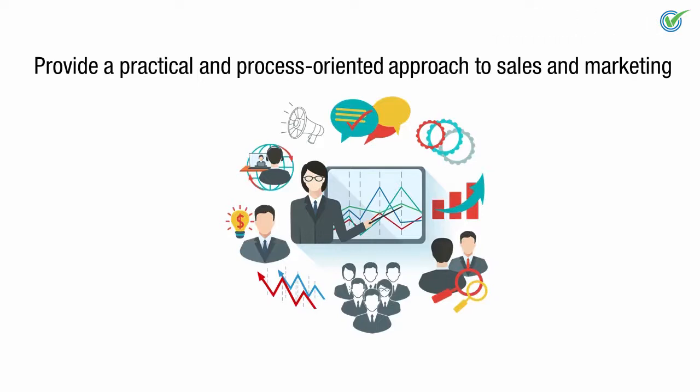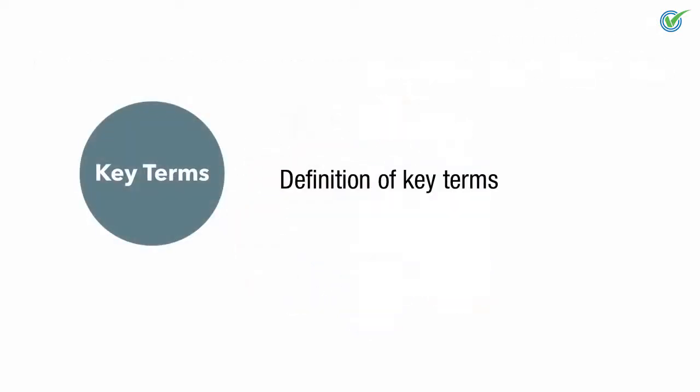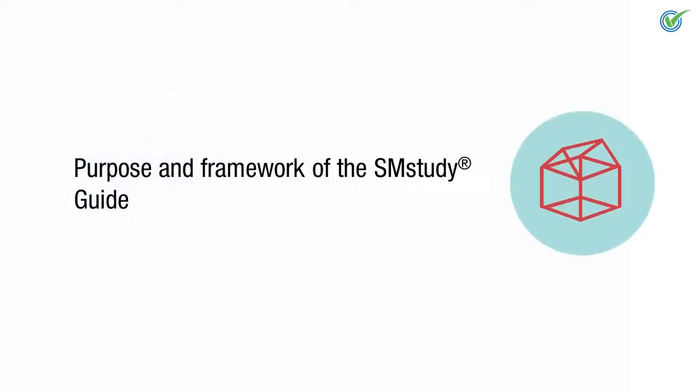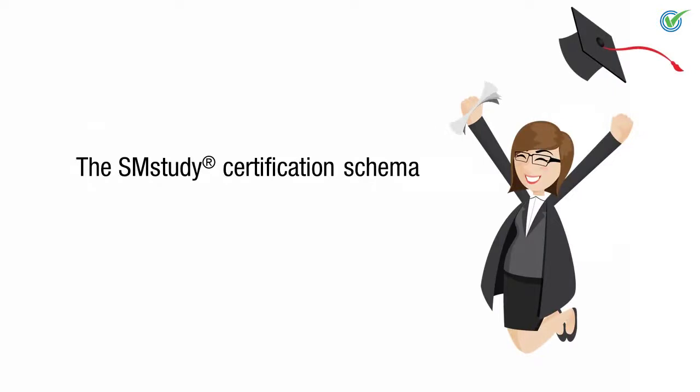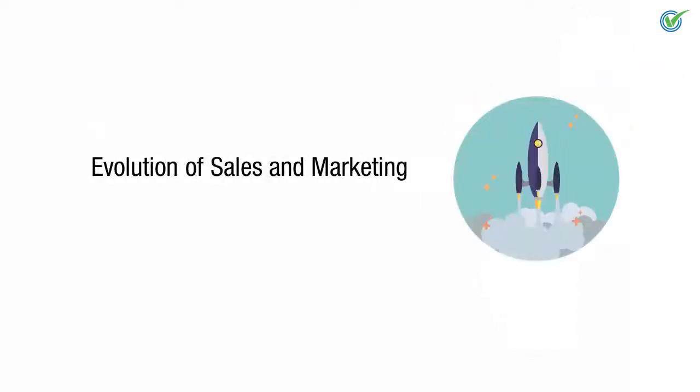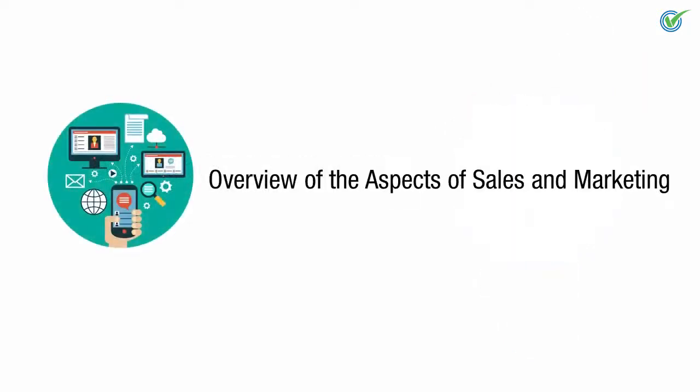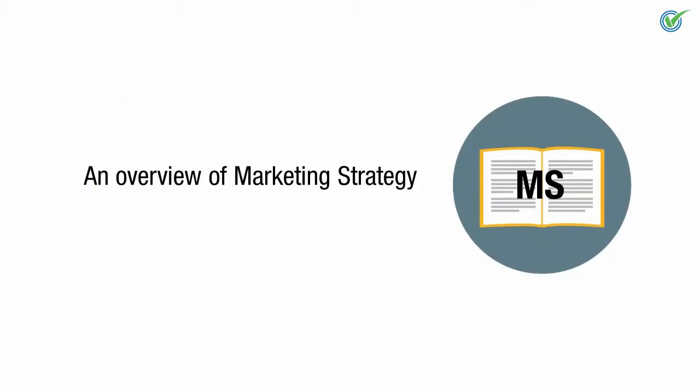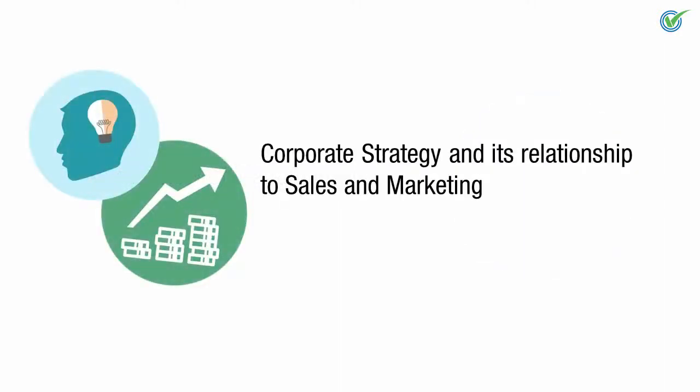This introductory chapter includes definitions of key terms, the purpose and framework of the SMstudy Guide, the SMstudy certification schema, the evolution of sales and marketing, an overview of the aspects of sales and marketing discussed throughout the SMstudy Guide, and a general overview of the contents of this first book on marketing strategy.